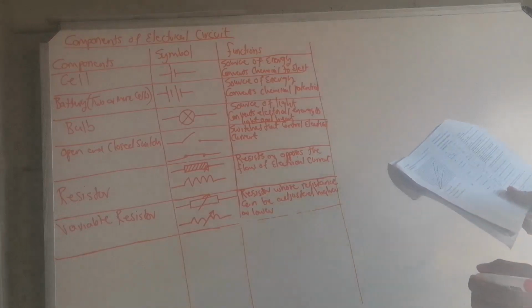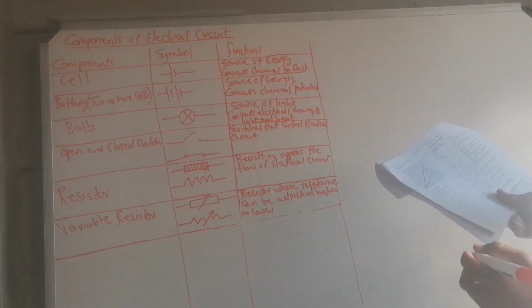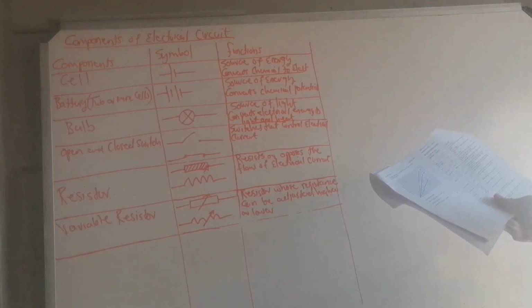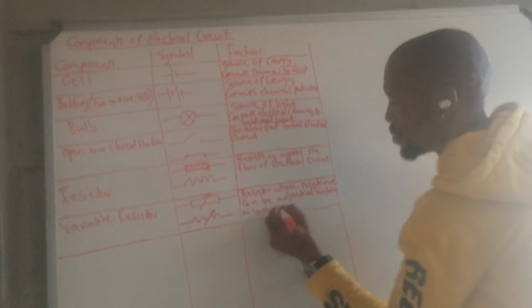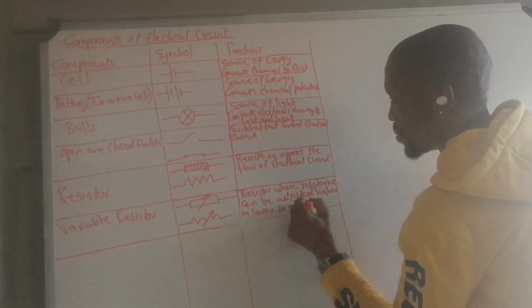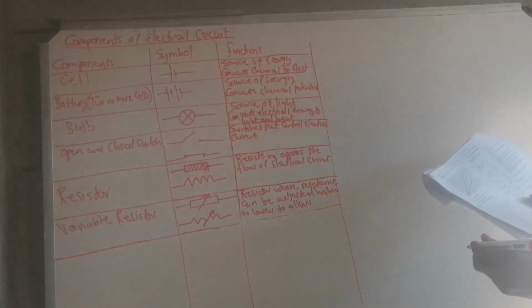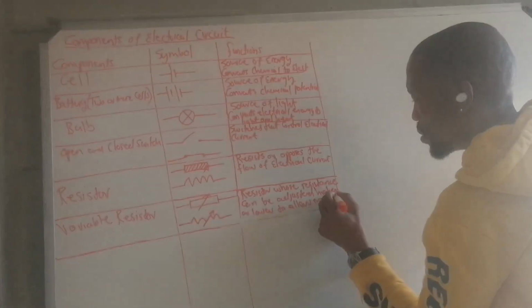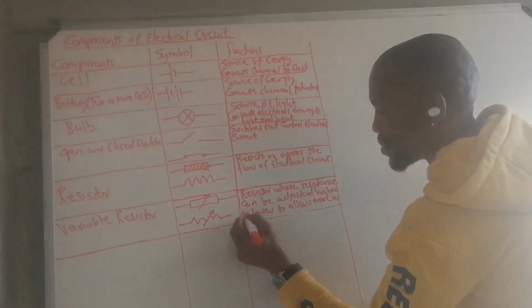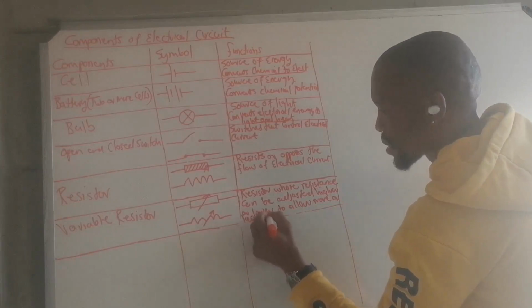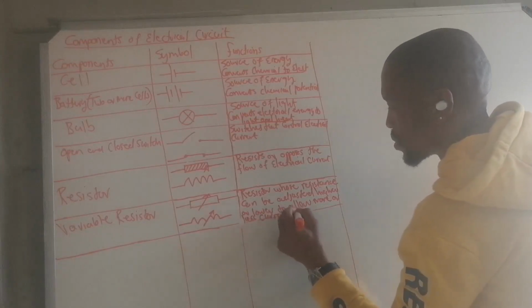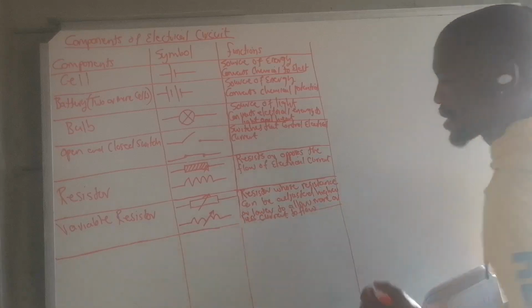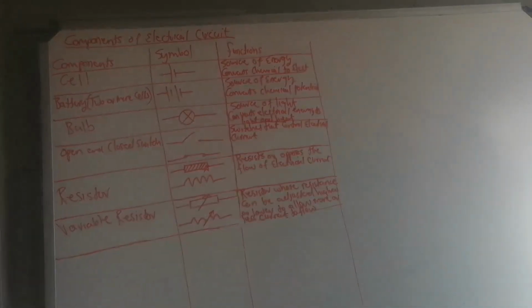Let's say a resistor whose resistance can be adjusted higher or lower to allow more or less current to flow. That's exactly what we call a variable resistor.